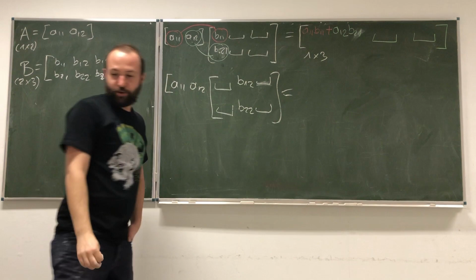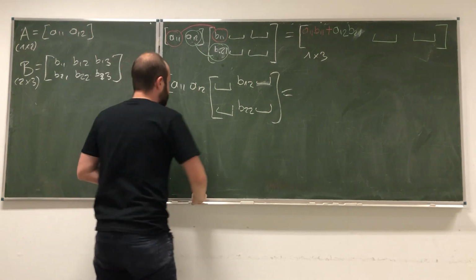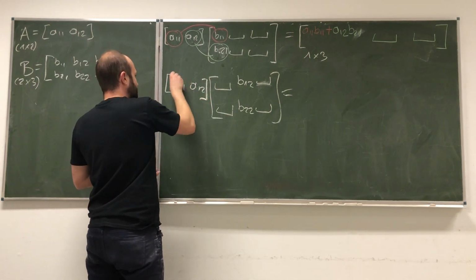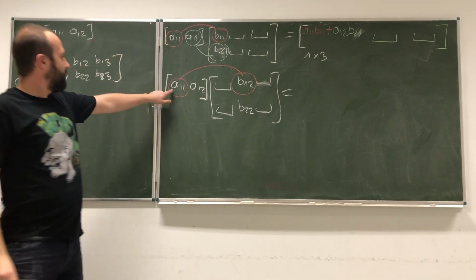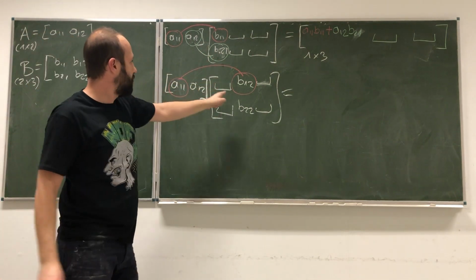Again we proceed in exactly the same fashion. So first element from the first row, remember, row times column.